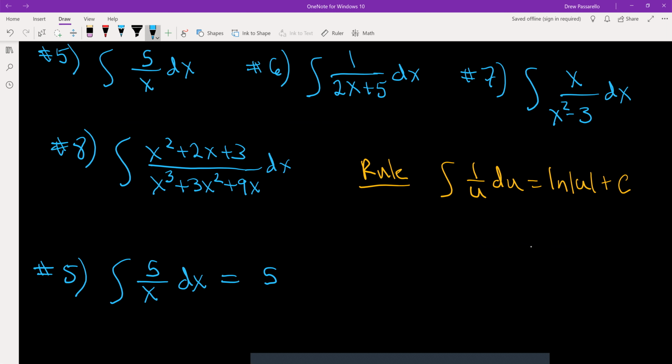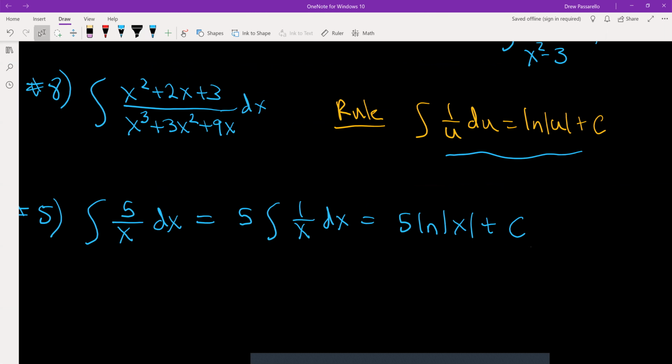So we have 5 times the integral of 1 over x dx. Well, based on this relationship, u is x, so this becomes 5 times the natural log of the absolute value of x plus c. Right, just because that's a variable change, just x in the place for u.